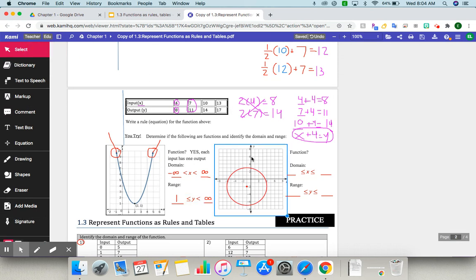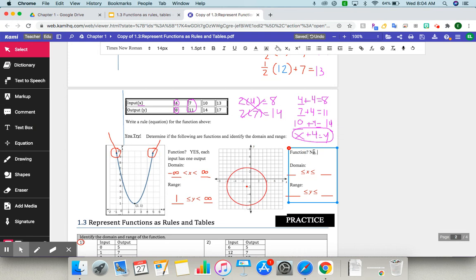Looking at the second graph, is this a function? Hopefully you said no, because some inputs have more than one output.